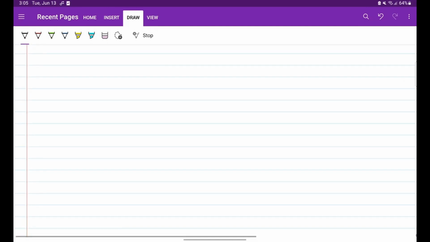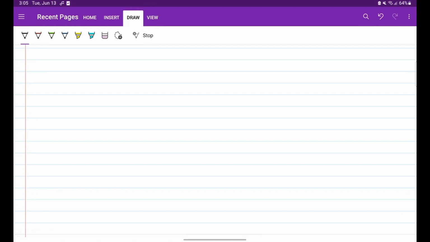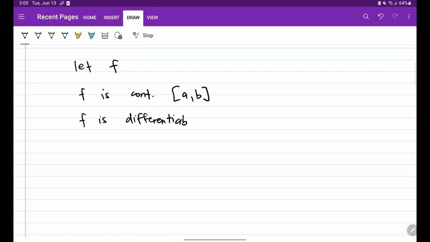So, pag sinabi natin na mean value theorem, we should have, again, let a function f such that f is continuous on the closed interval a and b pa din. Okay? And f is differentiable in the open interval a comma b. Okay?